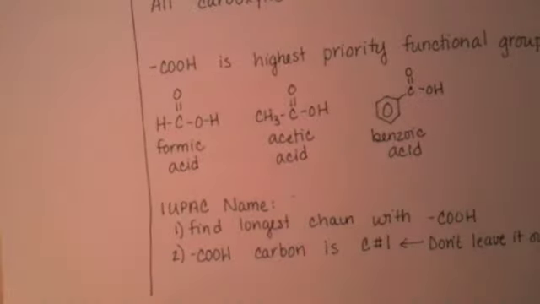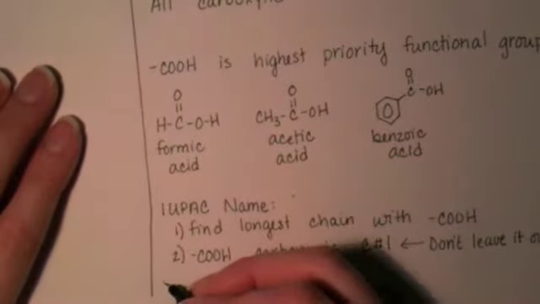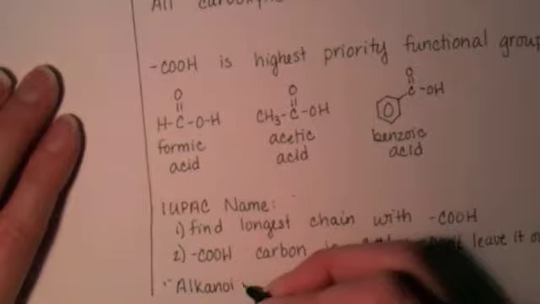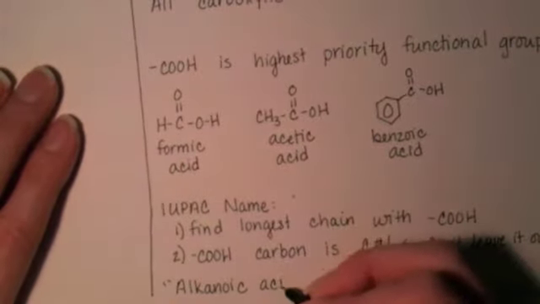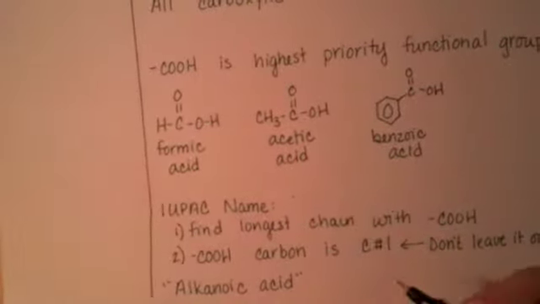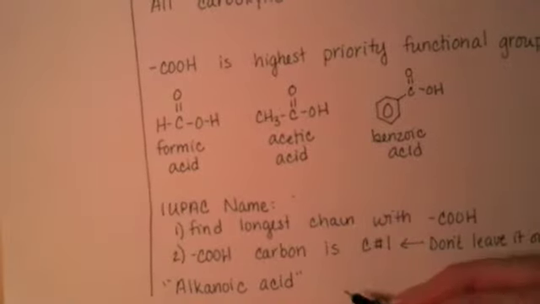And the IUPAC name for the carboxylic acid is going to be an alkanoic acid. Based on the number of carbons in the chain, it's going to be a pentanoic acid or a hexanoic acid or a butanoic acid, or butenoic acid if there's a double bond.